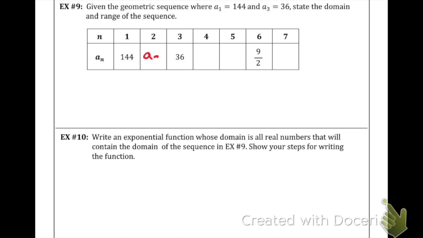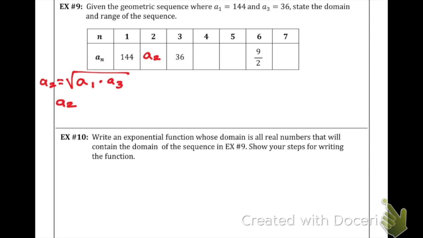Let's first start with finding the second term. To do that, we need to find the geometric mean, which if you remember, is just the square root of A1 times A3 or A2 times A4, right? You have that blank in there to get the middle term. If you don't remember that, just set up your proportion.